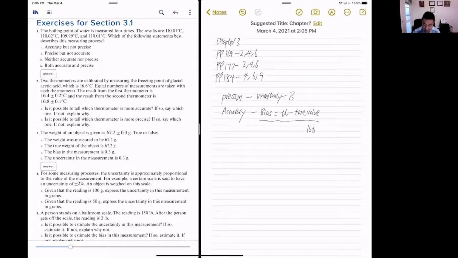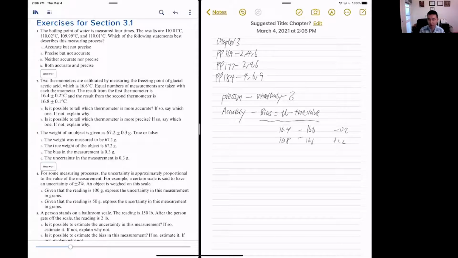The mean value for the first one is 16.4, so the difference is minus 0.2. For the second one, the measurement is 16.8 minus the true value 16.6, so it's positive 0.2.